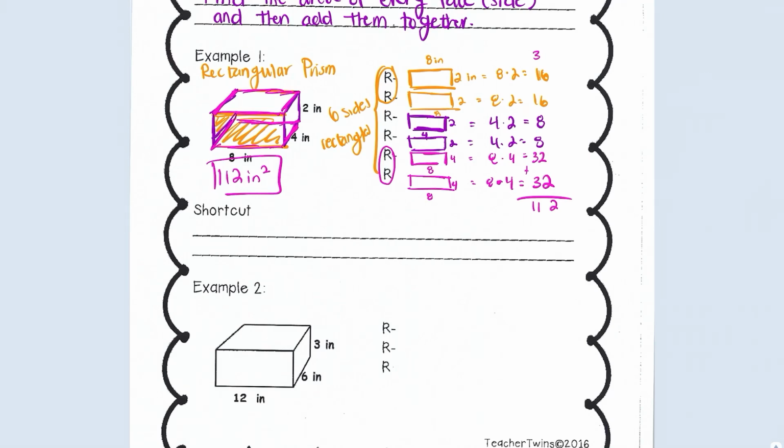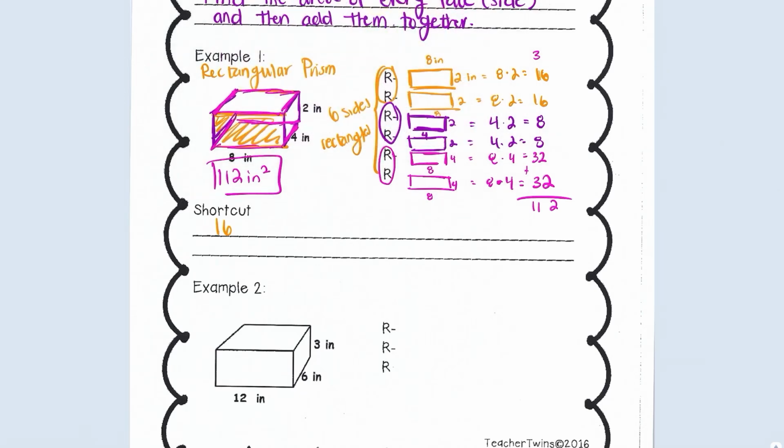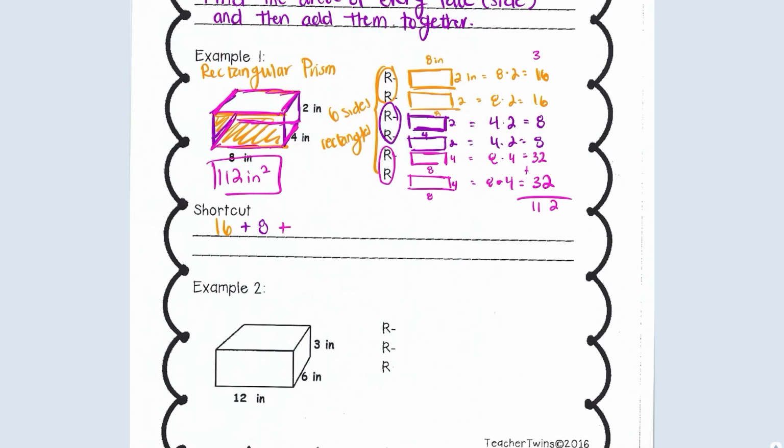There were 2 rectangles that are 4 by 2, and there are also 2 rectangles that are 8 by 4. And so what you could do is just take the area of one of those rectangles. So we're going to add 16, then we're going to add 8, one of the purple rectangles, and then we're going to add one of the pink rectangles, which was 32.